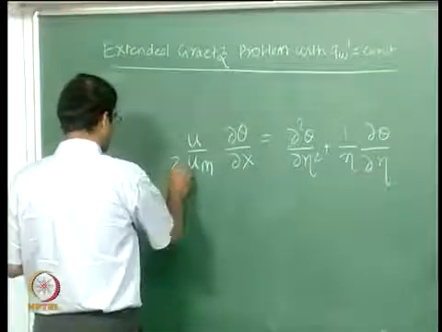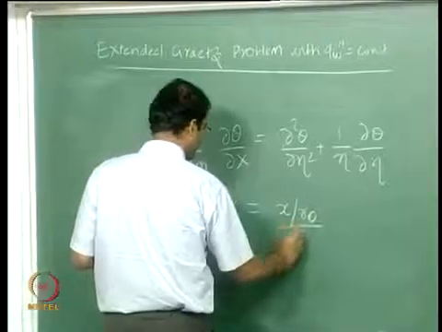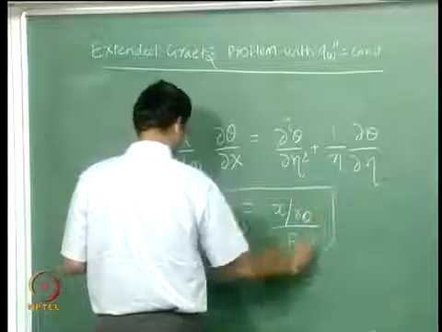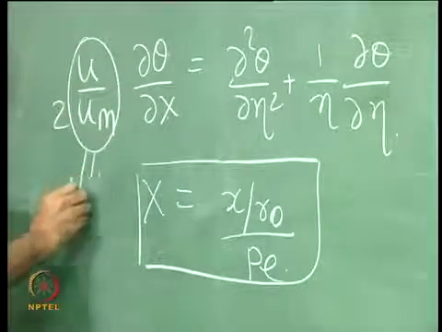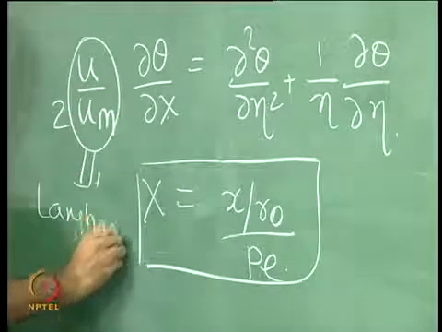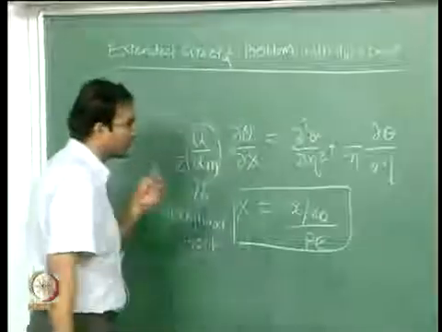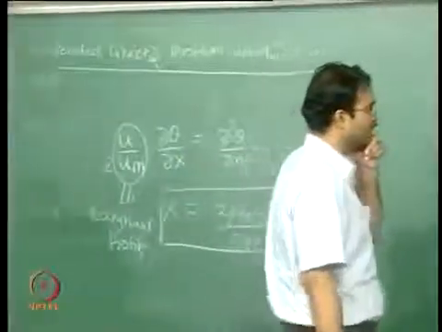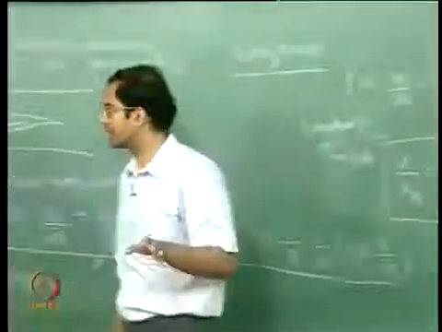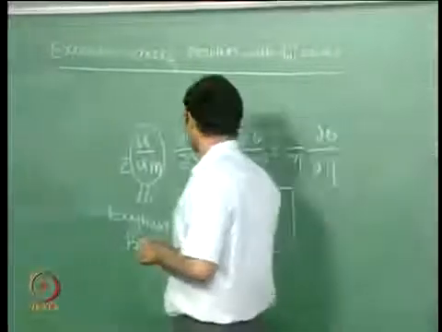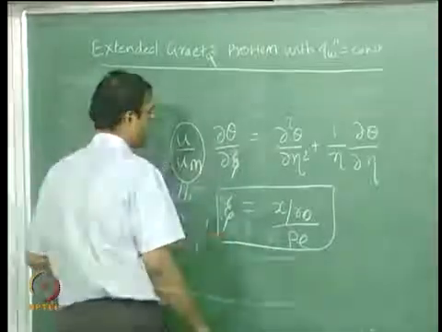Yeah, there should be a 2 here if I define my x as x by r naught by Peclet number. Okay, so now this u by um you can substitute from the Langer velocity profile. Okay, and once again your velocity profile is a function of both your x and y, or your zeta and eta. I can use the conventional variables which I used before. I'll call this zeta just to avoid confusion.